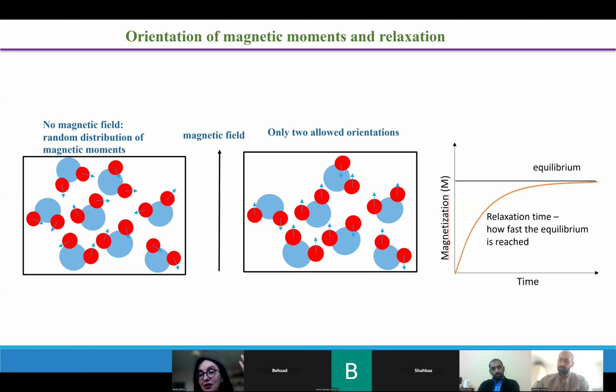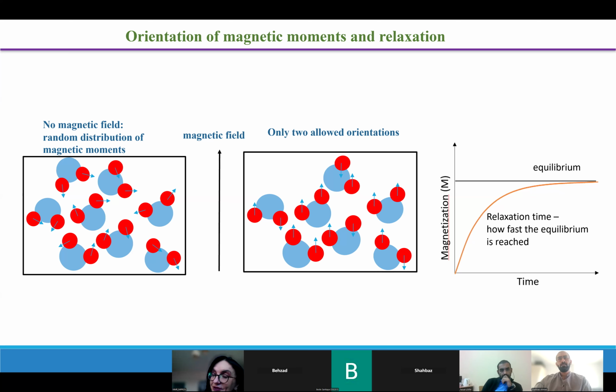And eventually, following this Boltzmann law, the system will reach a state in which this specific number of magnetic moments up and down is reached. So the system reached equilibrium. The magnetization has been built.